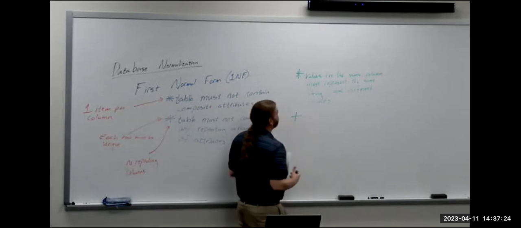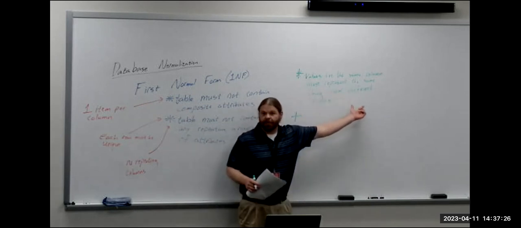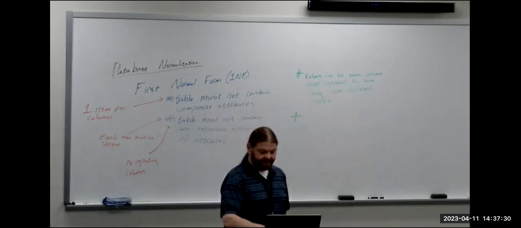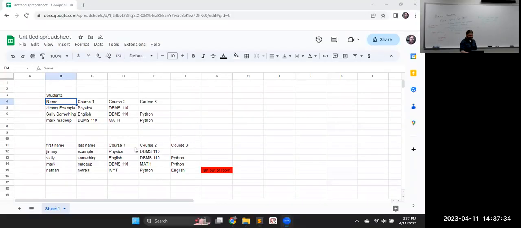In general, this is how most people would describe the database, but I did that on purpose in this example to hint at the problems. So if we tried to query this data set here, some of the students have DBMS 110 as course number 2, and some of them have it as course number 1.